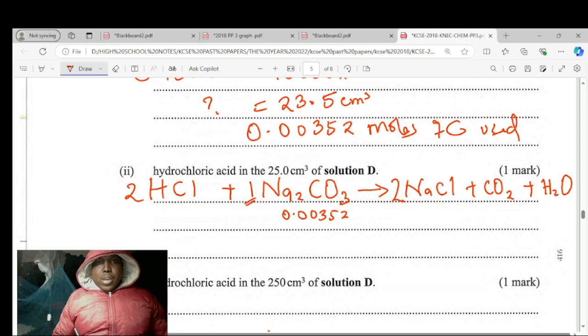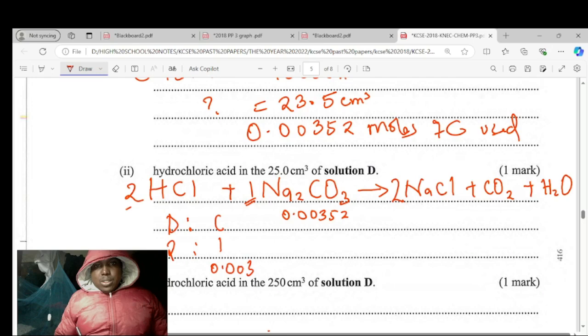So it means the moles of solution D are going to be twice this one. Remember we had D to C, and the ratio is 1 to 2. This one is 0.00352. So 1 is equal to this, what about 2?